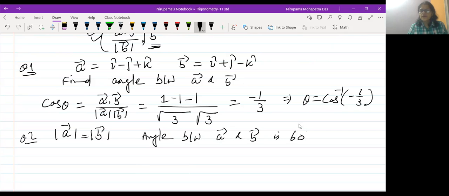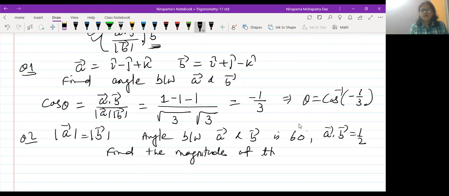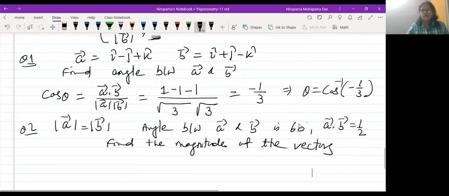You are given A dot B equal to 1 by 2. The question is: find the magnitude of the vectors. So two vectors are of the same magnitude, and you have to find it.